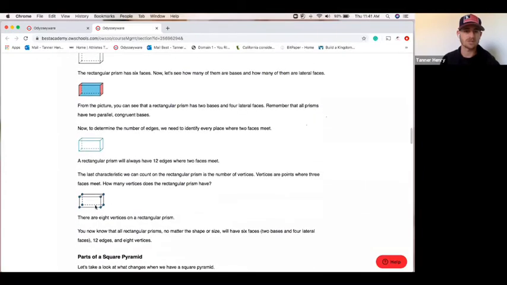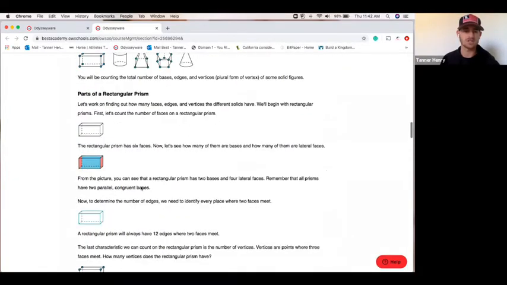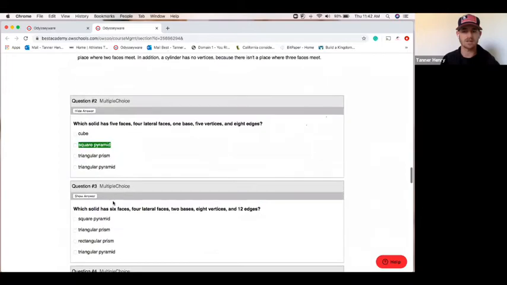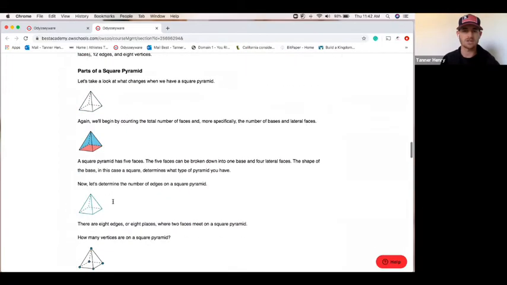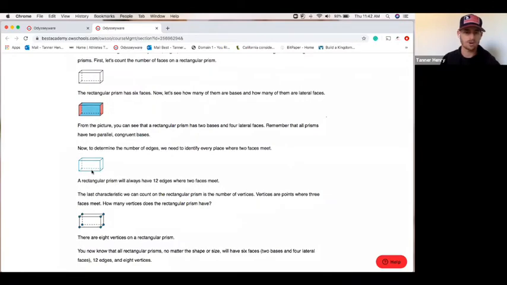4 lateral faces. That just means pretty much up and down. 1, 2, 3, 4, not counting the bases, what we're doing there. 2 bases, we count that. 8 vertices, so 8 points. 1, 2, 3, 4, 5, 6, 7, 8, perfect. And 12 edges, so 12 lines essentially. 1, 2, 3, 4, 5, 6, 7, 8, 9, 10, 11, 12.